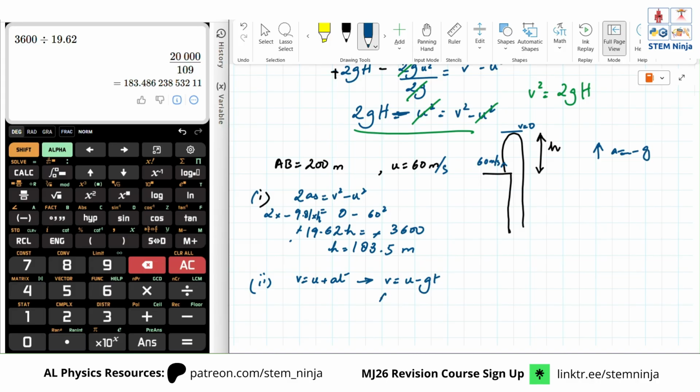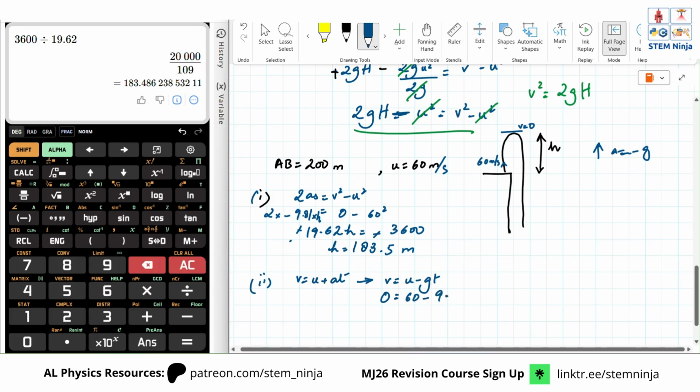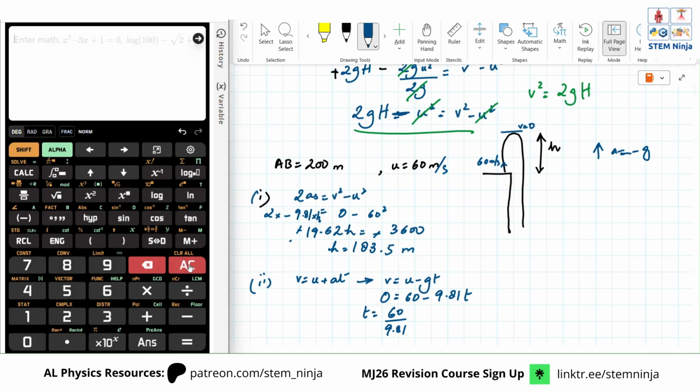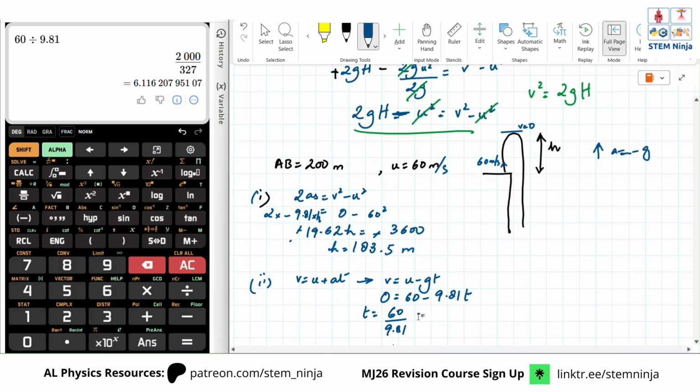So v is 0 at the highest point, u was 60, and this is 9.81 t. So t would be u over g, 60 over 9.81. So 60 divided by 9.81, that would be 6.11 or 6.12 seconds.